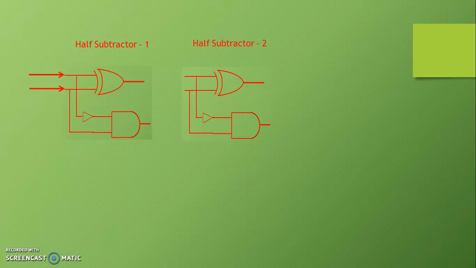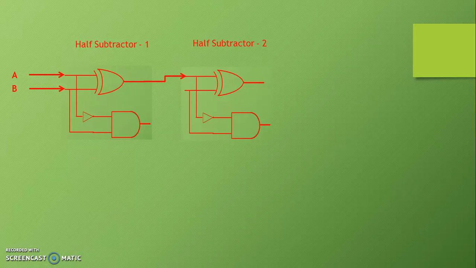Now we give input A and B to the first half subtractor as the input of the exclusive OR gate, and A minus B, that difference D is generated, and that is given as one of the inputs to the half subtractor 2.